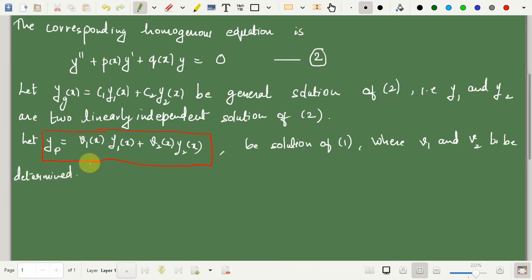So in this case we would be determining v1 and v2, which are unknowns. Since there are two unknowns involved in the functions v1 and v2, we need to have two equations relating these functions. The first equation we readily obtain from the fact that this yp is a solution of equation 1.